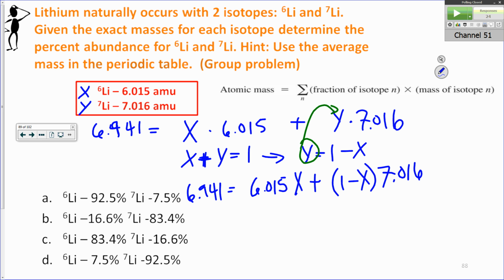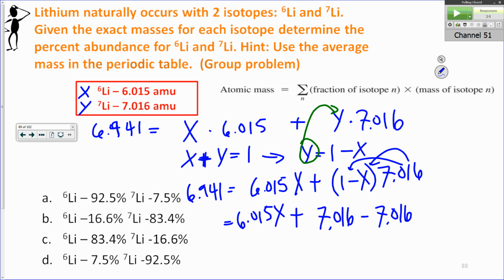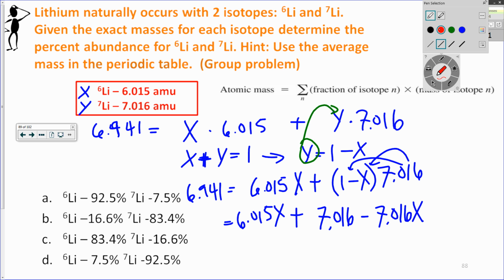Now I'm going to multiply this term to both. So I've got equals 6.015X plus 7.016 less 7.016X. Now I combine my X terms.